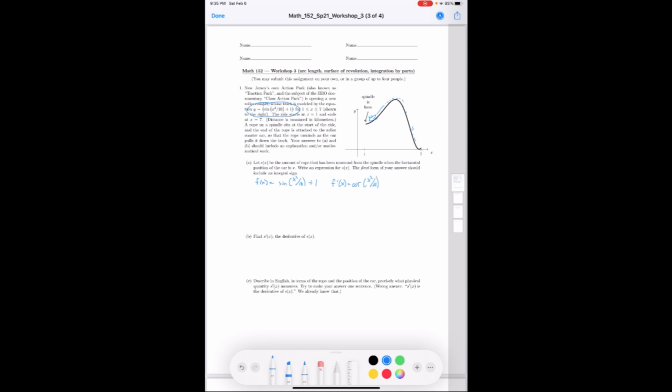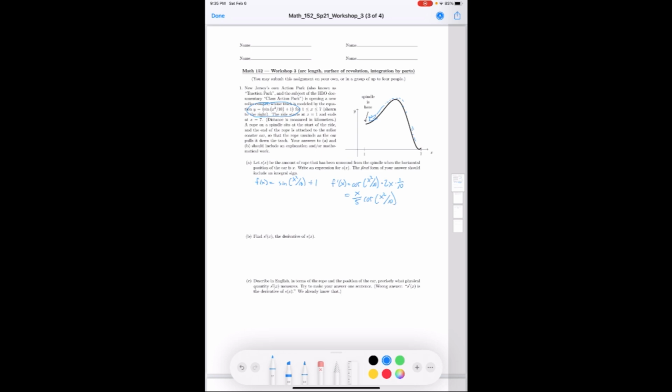And then by the chain rule, we need to do 2x times 1/10. So that equals x over 5 cosine of x squared over 10.